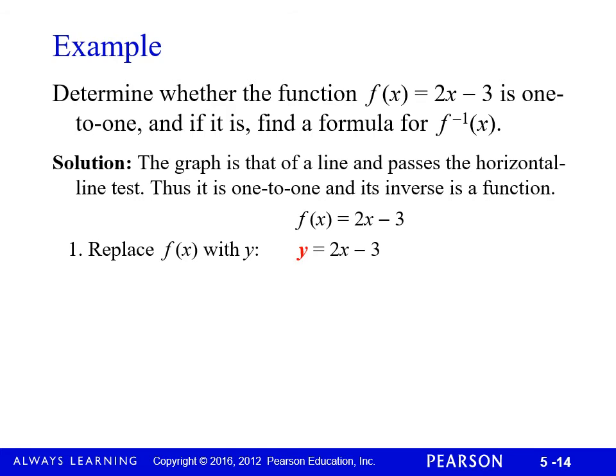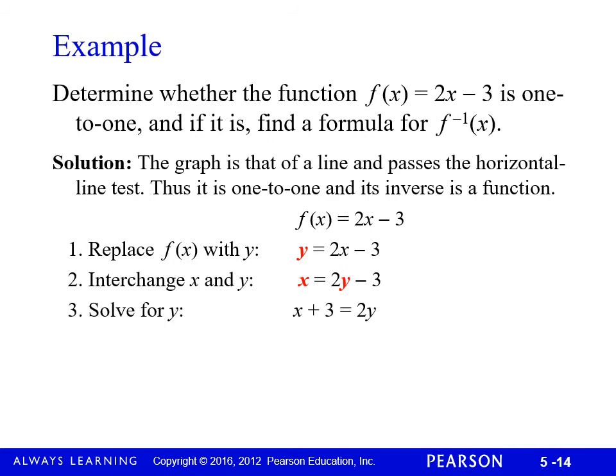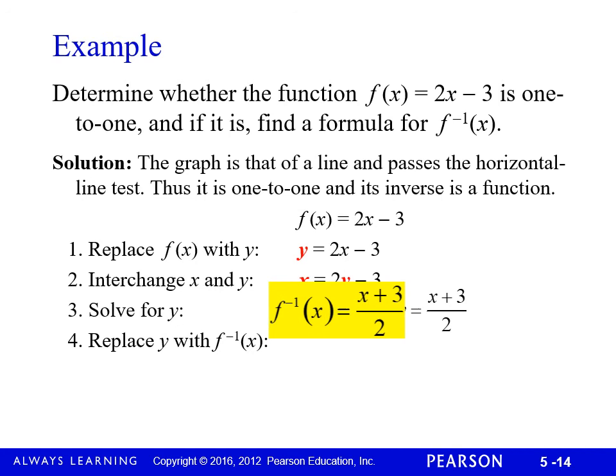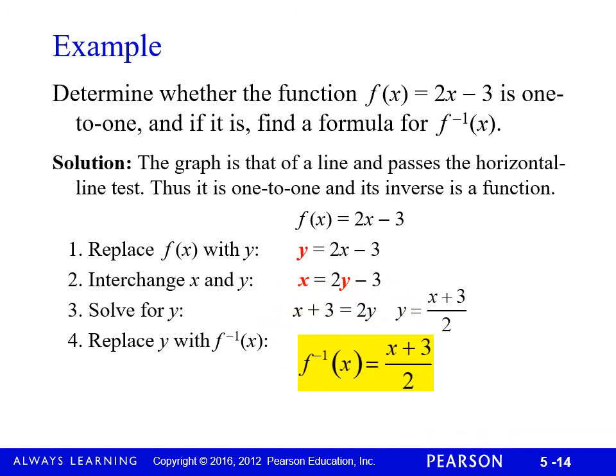Then it's to swap out the x's and y's, change every y into x and every x into y. Then we solve this equation for y. And then the last step is to replace it with the notation for f inverse. And here's our formula for the inverse function.